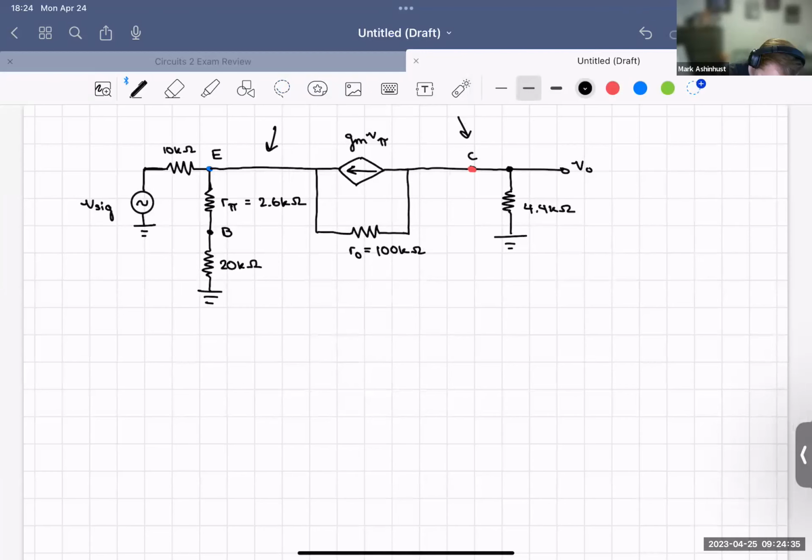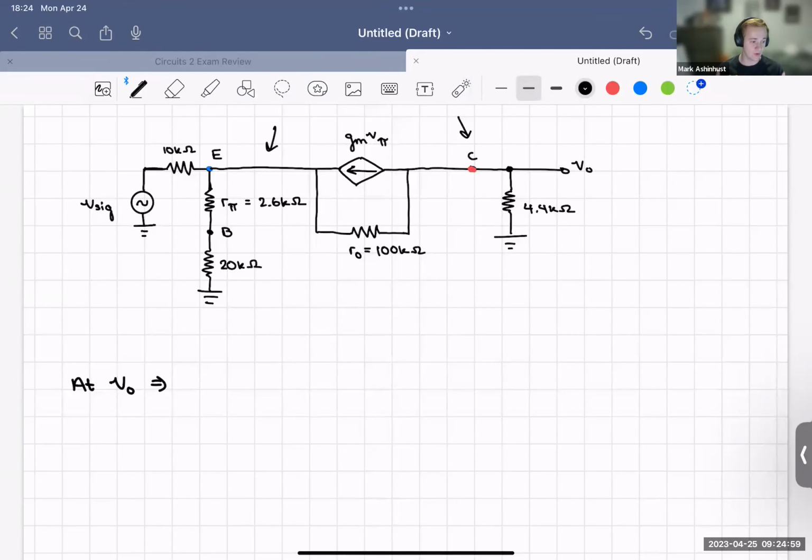So at V out, we should be little v, little o. This is at V out, so it's not V out equals, this is at V out. I'm going to solve this in conjunction with the other equation.